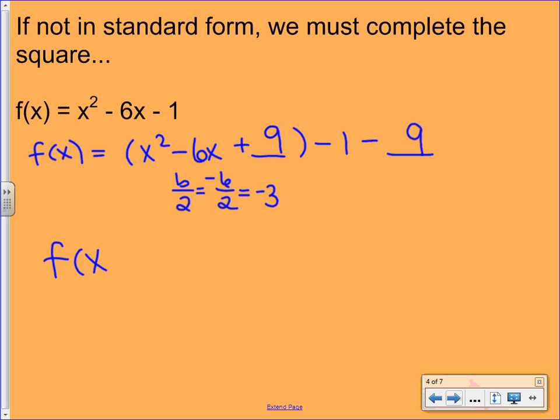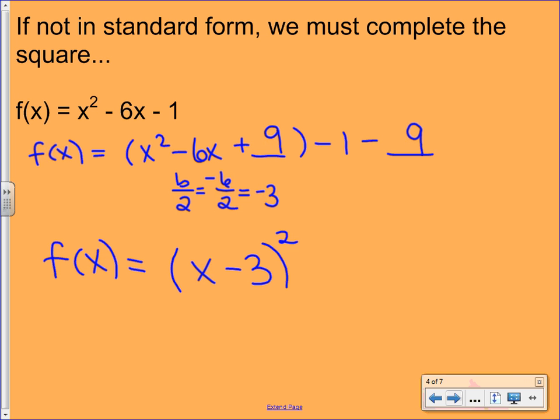So now, what does x squared minus 6x plus 9 factor to? X minus 3 times x minus 3, right? That was the whole point, okay?